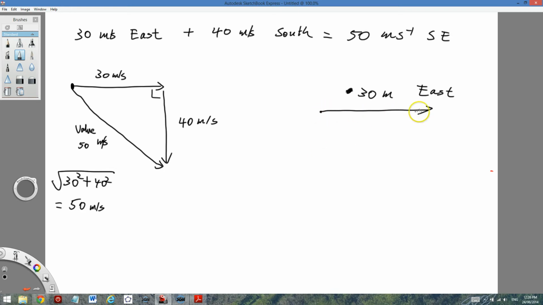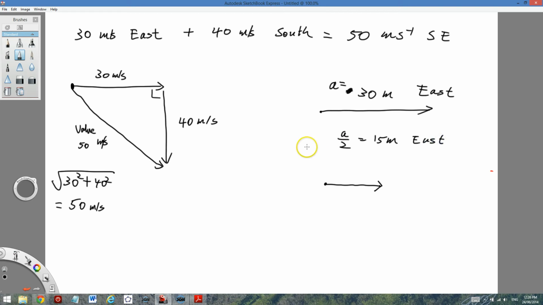The length of the arrow indicates the value, and the direction of the arrow indicates the direction. I call this vector A. A is 30 meters east. If I want to give a graphical presentation of half A, it would be just half the length of the arrow and in the same direction. If you do the math, it will be 15 meters east.